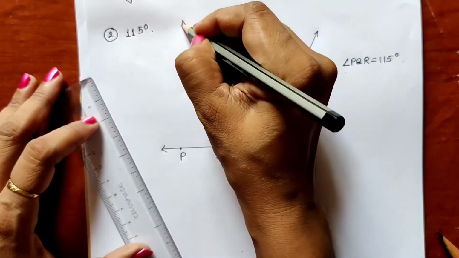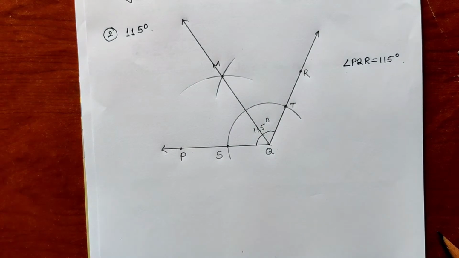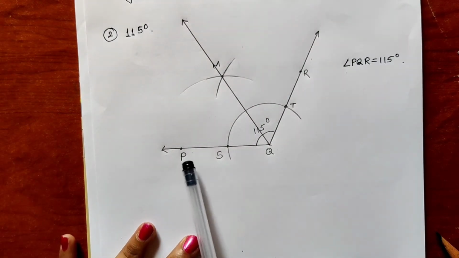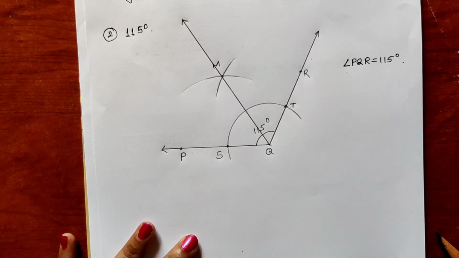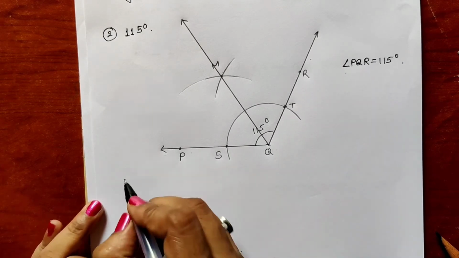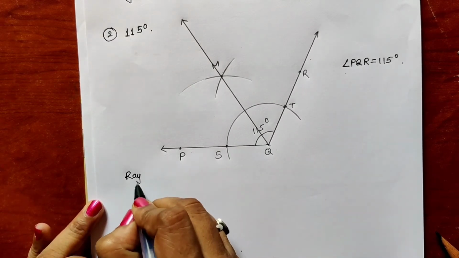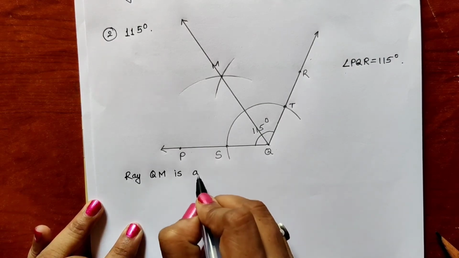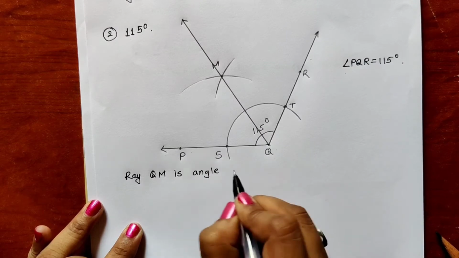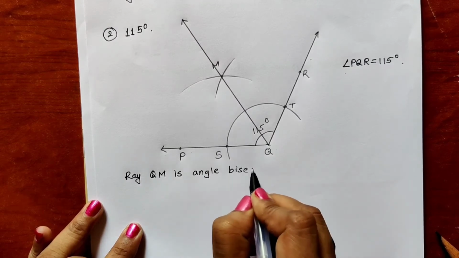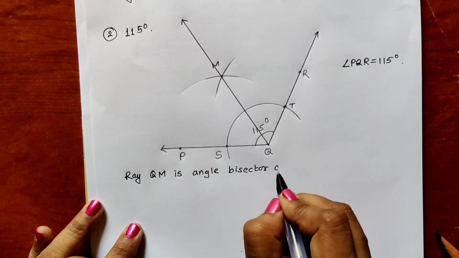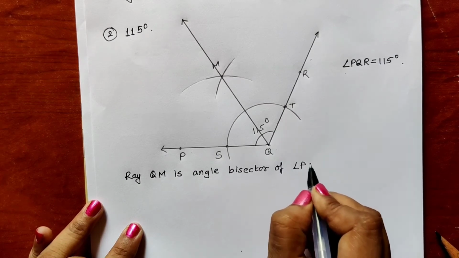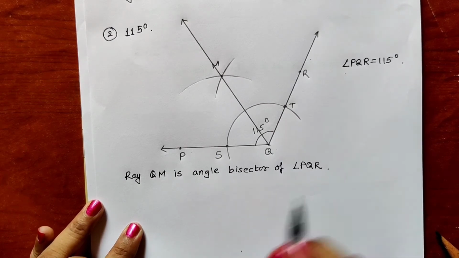So in this way, put an arrowhead, and this ray QM is the angle bisector of angle PQR. Here we can write ray QM is the angle bisector of angle PQR.